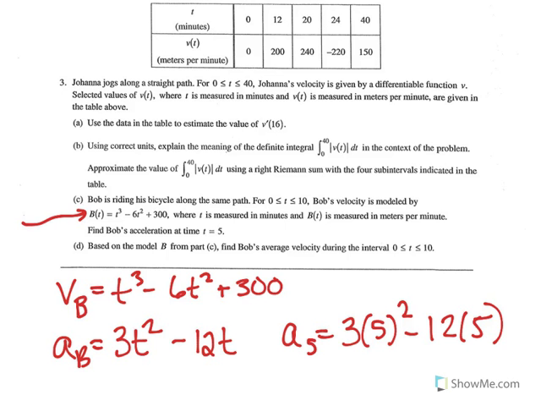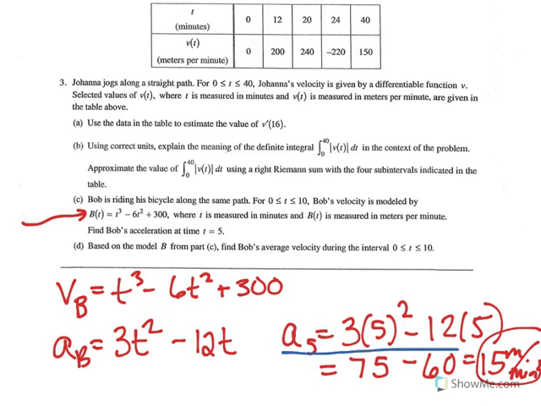It does not, so I'm not putting them down. If I did want to find that answer, 5 squared is 25 times 3 is 75 minus 12 times 5 is 60. That's equal to 15 meters per minute squared. Remember, it doesn't ask for that. I don't have to do it. I could have ended this problem right here.